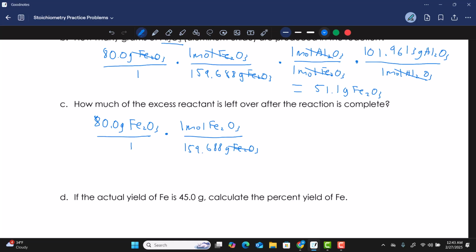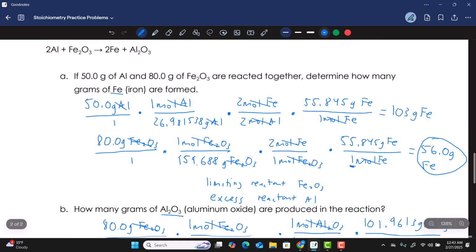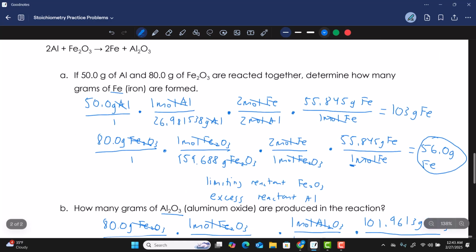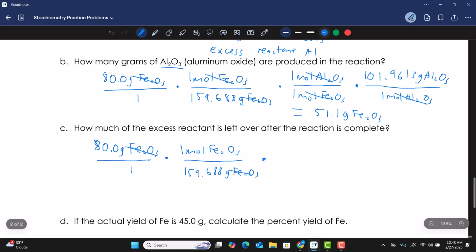So now the grams of Fe2O3 can cancel out, and then we would convert. So we want grams of aluminum, which is our excess reactant, and we have 2 moles of aluminum, which can be on the top, because we want moles of Fe2O3 on the bottom, and we just have 1 mole of that so that they can cancel out.